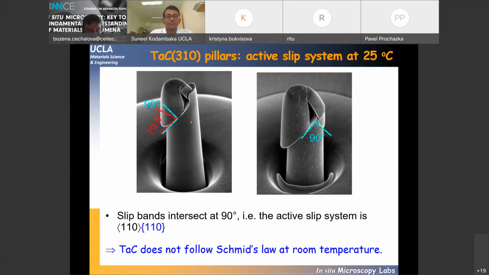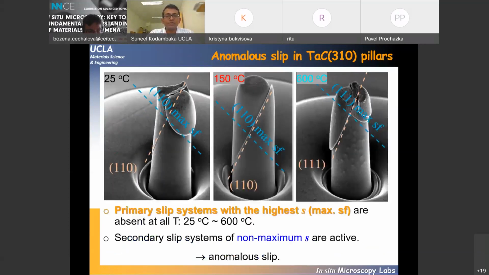We observe the operation of the 110 slip system, indicating that during compression of this material, we do not observe what is known as Schmid's law, which tells you that the activated slip system is the one that gives the highest resolved shear stress. And that seems to be the case at all different temperatures.